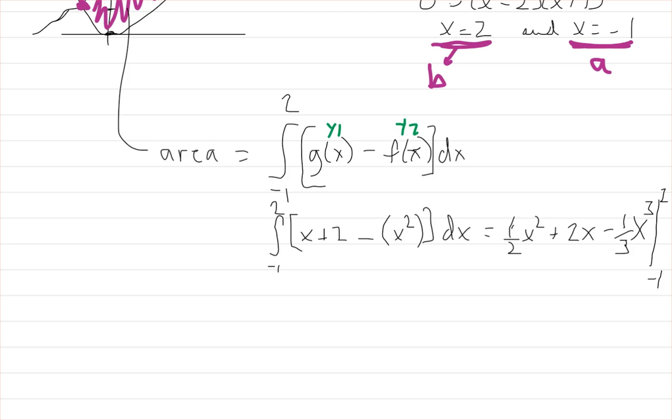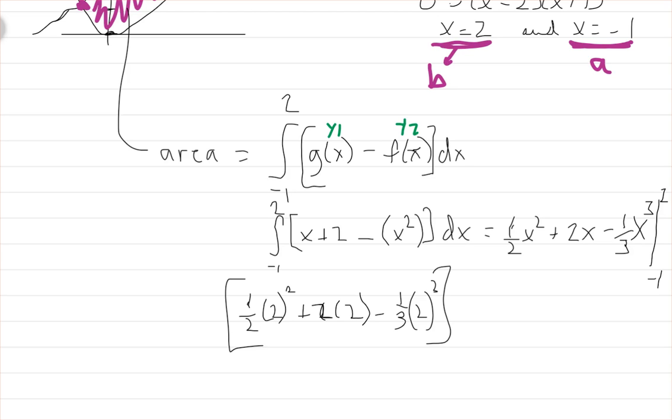Okay, so what's that going to look like? Well, it's going to be 1/2 times 2 squared plus 2 times 2 minus 1/3 times 2 cubed, right?